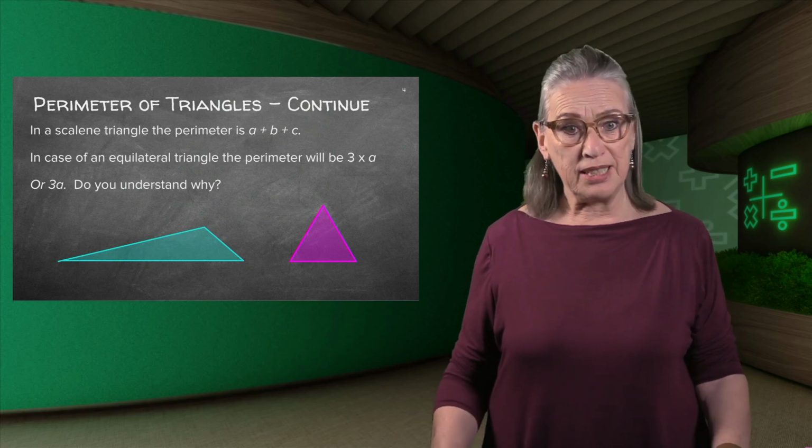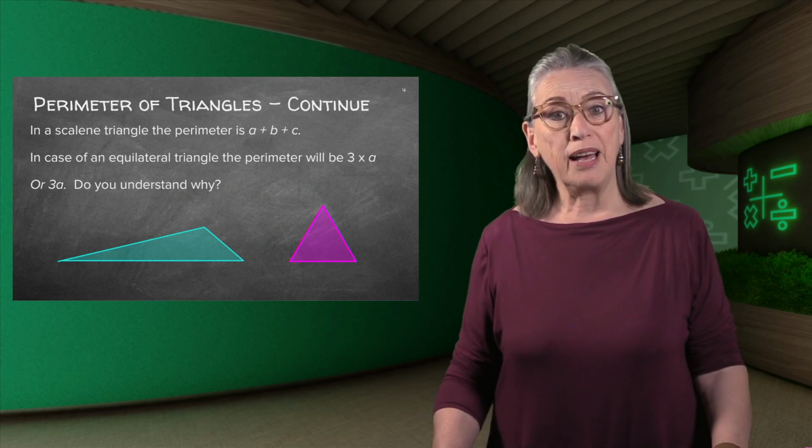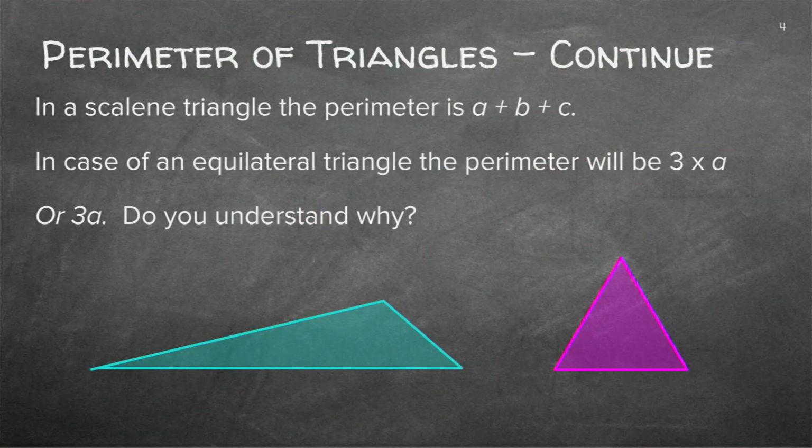Okay, so if we look at these triangles, in a scalene, now you remember a scalene, none of the sides are the same. If we want to work out the perimeter, we're going to just add A plus B plus C there. And that will give us the perimeter in whatever the unit, say for example, centimeters. In the case of an equilateral triangle, the perimeter will be 3 times A. Do you understand why?